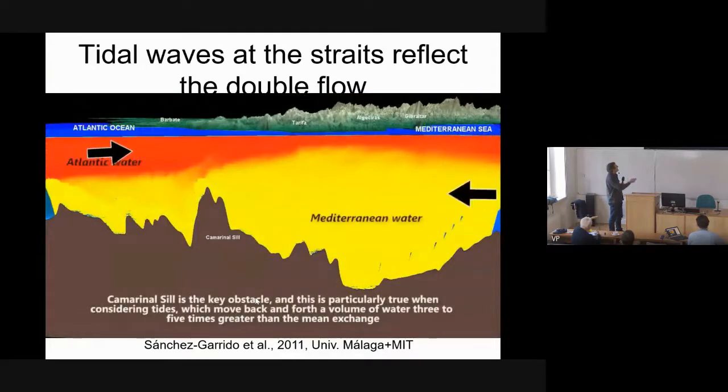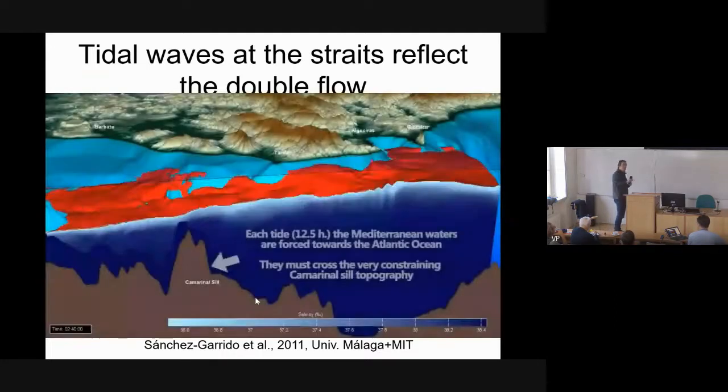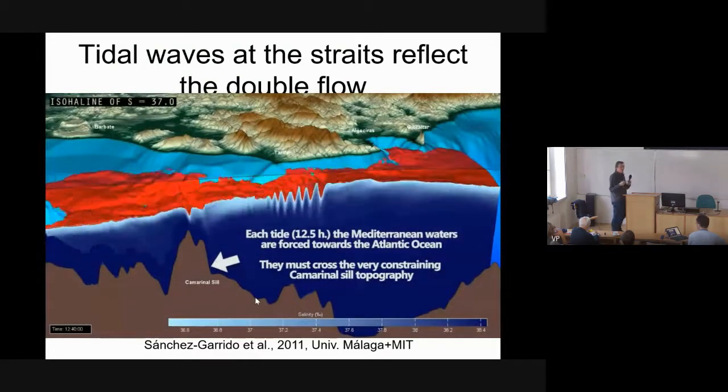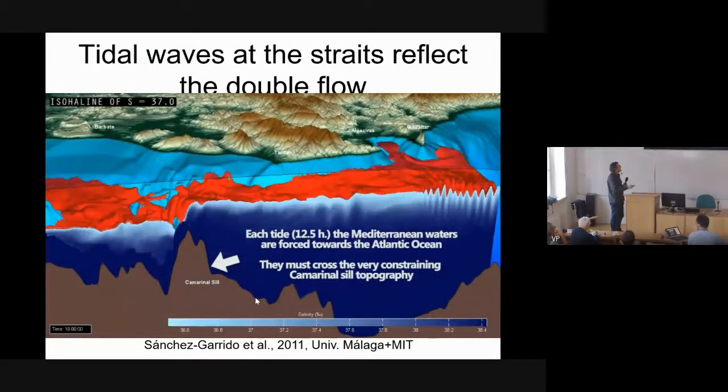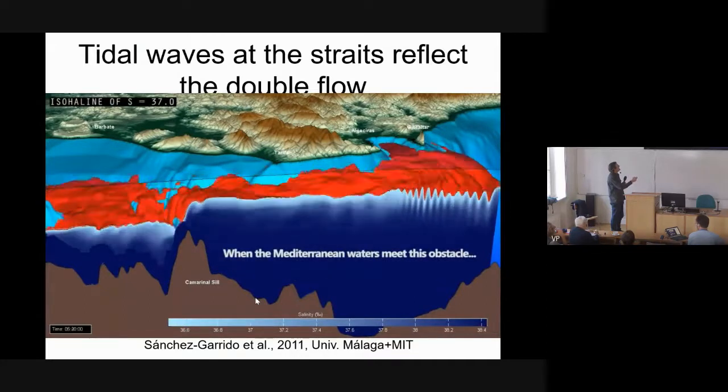This is showing this interplay between the outflow in the Mediterranean and the inflow. And what you see is that at each tidal cycle in the Atlantic Ocean, it will spill relatively fresh, normal marine water into the Mediterranean, whereas the outflow is trying to escape.